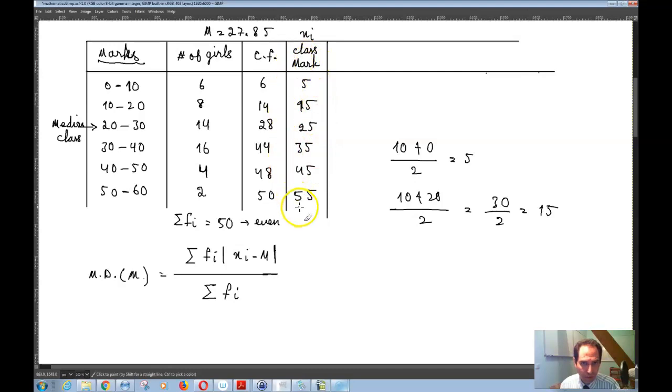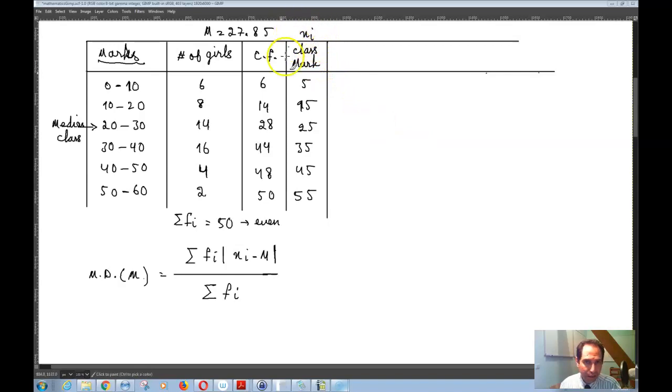These numbers are representative of all the numbers in each class, and will serve as the x of i.